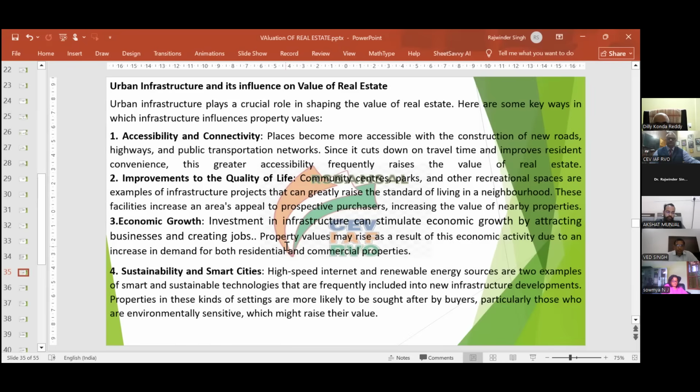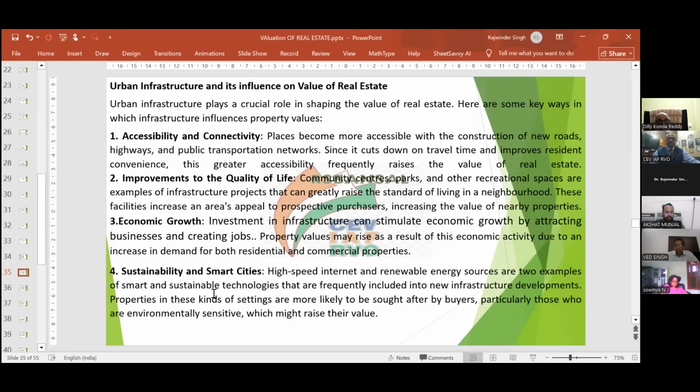Then sustainability and smart cities. So this is a very important factor in today's scenario of sustainability. Those who are from the architectural side must know this term sustainability. And smart cities, our central government has announced a number of smart cities in our country, which are being made smart in the coming years.